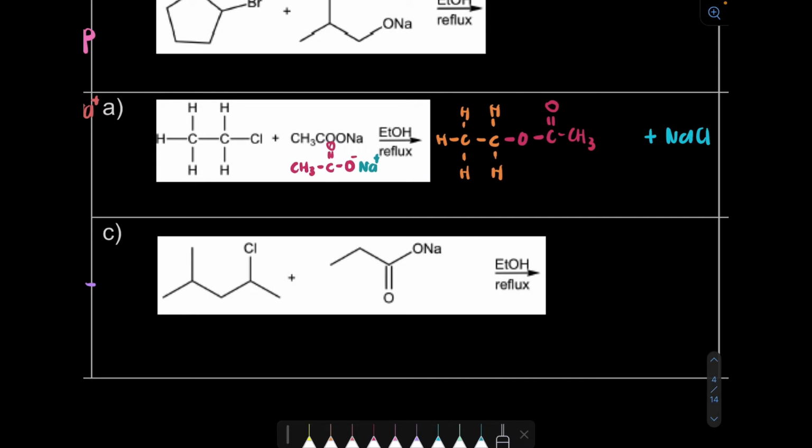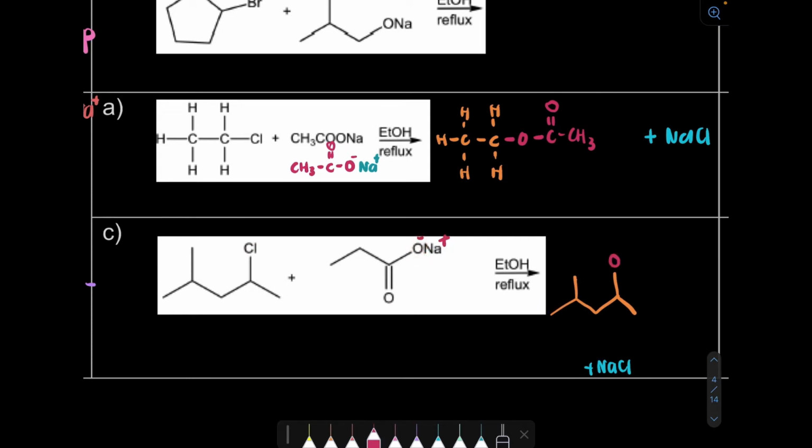This one we do all together. Example C. Here we can see there is O minus and Na plus, and our byproduct is NaCl. What we have here is 5 carbons with a methyl. The Cl we're going to substitute with oxygen.